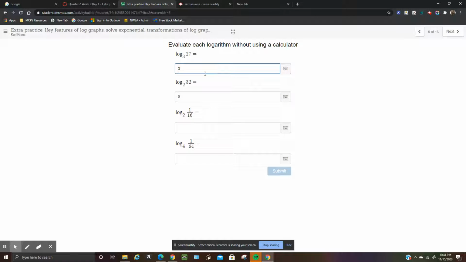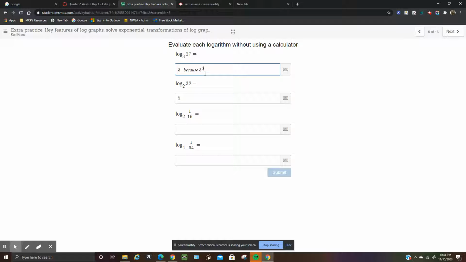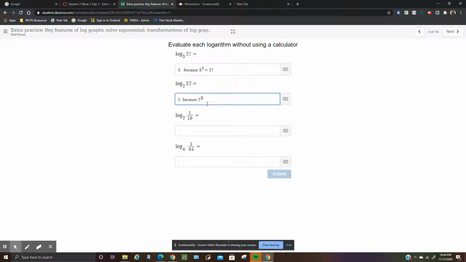You don't have to write this on your quiz, but I'm going to write it here because 3 cubed is 27. And this one is because 2 to the 5th is 32.